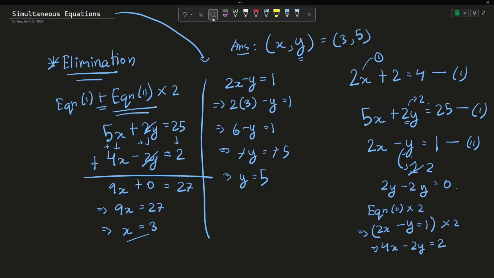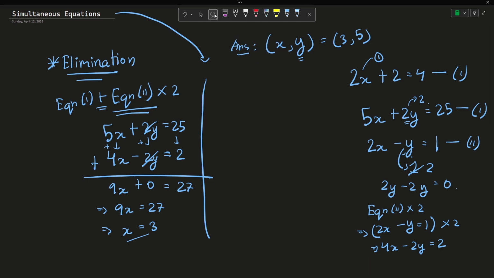Now just like I mentioned earlier, you could have also put the value of x in equation 1. It will still give the same value. Let me show you guys the practical. So for x is equal to 3, we had 5x plus 2y is equal to 25. Now just substitute the value of x, that is 5 times 3 plus 2y is equal to 25.